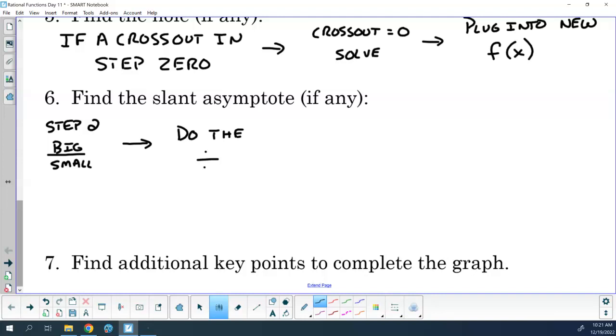So 1x plus 4 could be synthetically divided. If you don't have that, you've got to do long division. And then lastly, we just find any additional key points. Okay? All right? Let's do it.